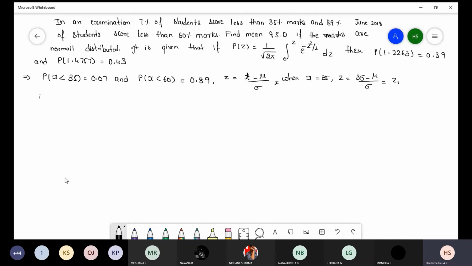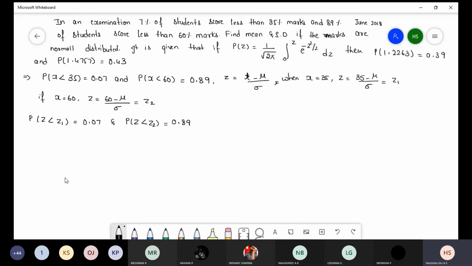If x is equal to 60, z is equal to 60 minus mu divided by sigma. So we will call this one z2. So here P of z less than z1 is equal to 0.07 and P of z less than z2 is again 0.89.